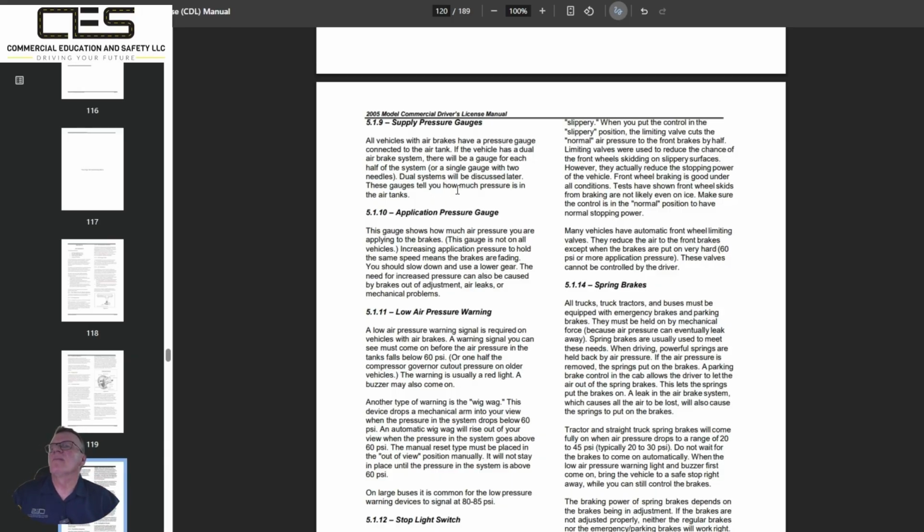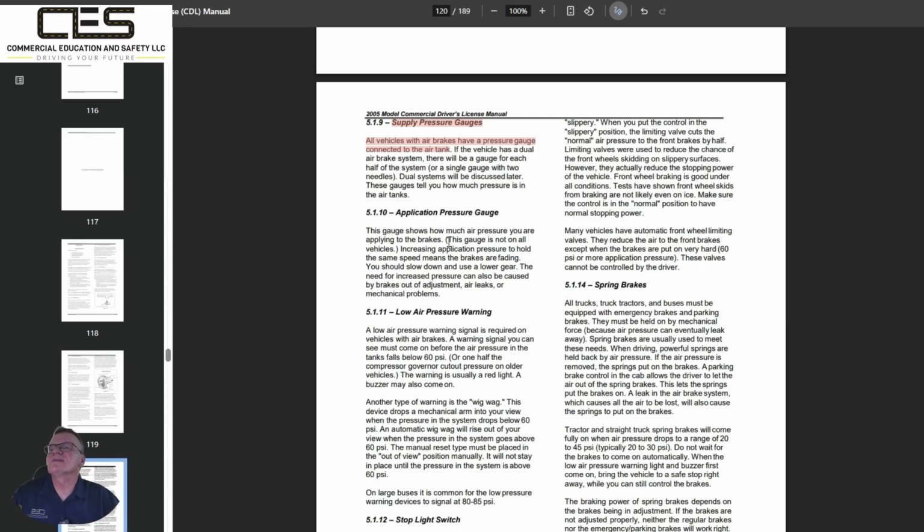These gauges tell you how much pressure is in the air tanks. All vehicles with air brakes have a pressure gauge, so you all have a supply gauge. Remember that word there: all have a supply pressure gauge. Application gauge, 5.1.10. This gauge shows how much pressure you are applying to the brakes. When I put my brake on, it shows how much pressure I'm putting onto it.